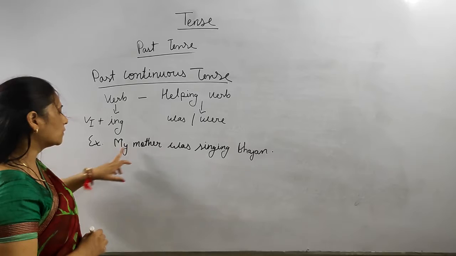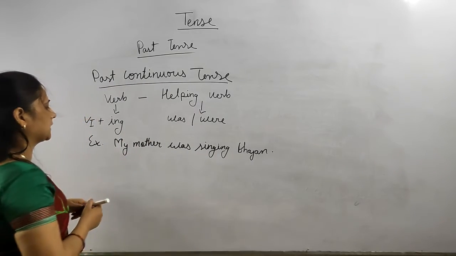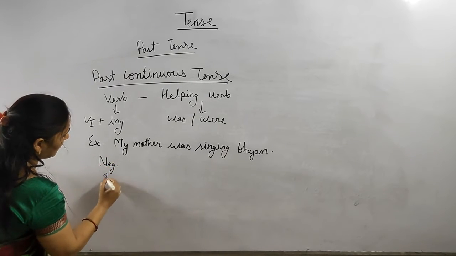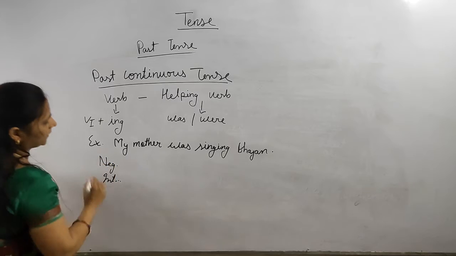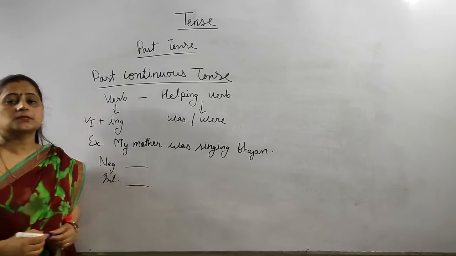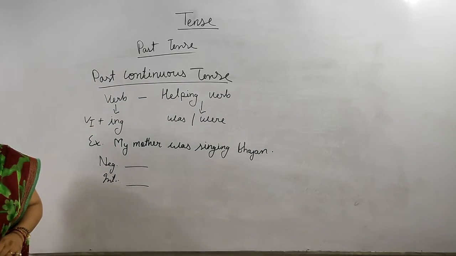So you will change in this tense. You will change this sentence into negative and interrogative. You will complete this on your own. It was the explanation of the past continuous tense.